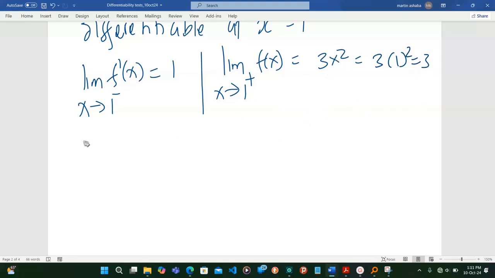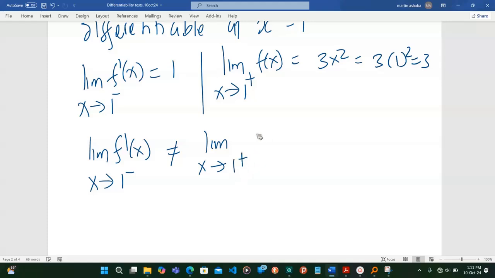So the limit of f prime of x as x tends to 1 from the left is not equal to the limit of f prime of x as x tends to 1 from the right.